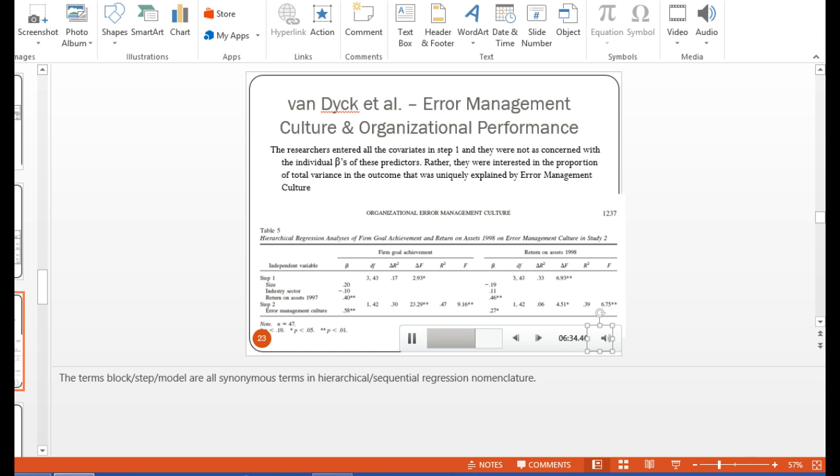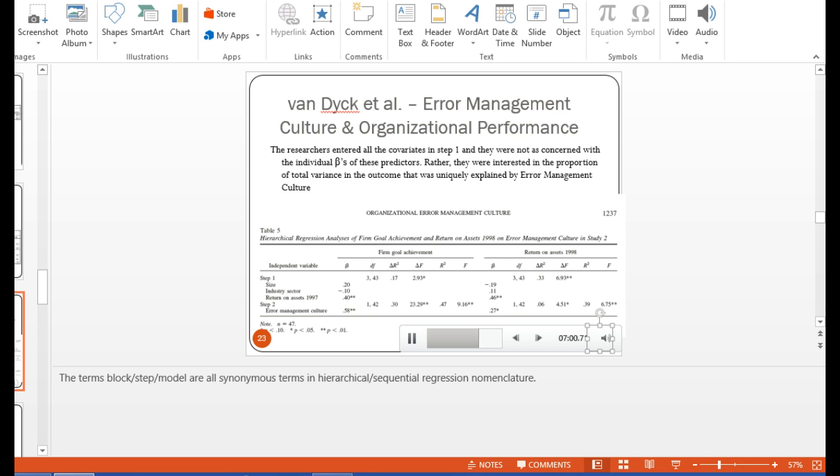And then the next DF number is the denominator DF, which is n minus k minus 1. And that makes sense because in the note below the table, we can see that the n was 47. So if we have 47 minus 3 minus 1, that would be 43. So that makes sense. And I'm looking at the first column, by the way, under firm goal achievement, DV.